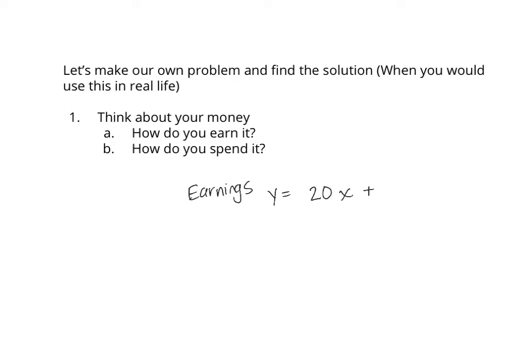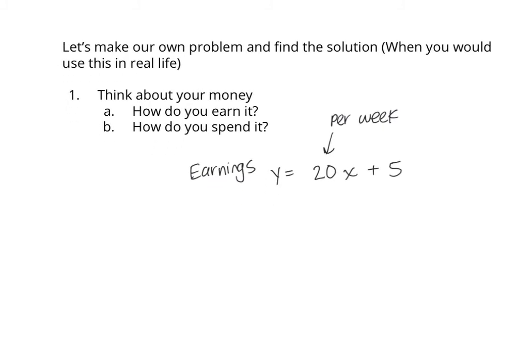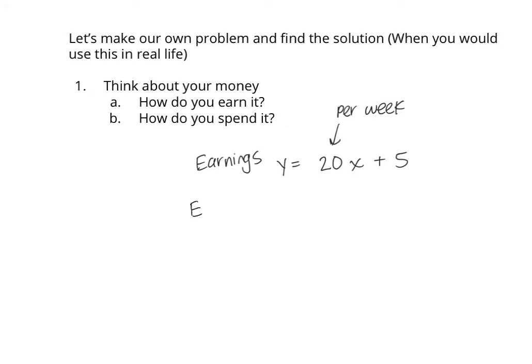Plus 5. So 5 is his starting amount. And he earns 20, let's say, per week. Per day, as an average. Or what would you say, per week? How much do you make per week? $20? Probably 20. Okay. Sounds good.